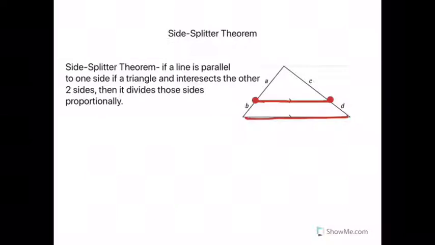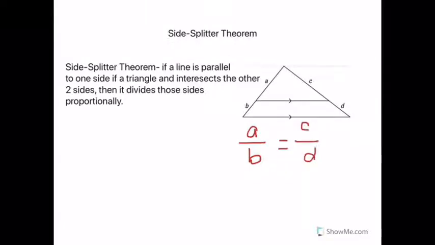So if that is true, then we can set up a proportion. And that proportion is going to be segment A over segment B equals segment C over segment D. That's very important that you get this triangle down labeled correctly and then this proportion down.